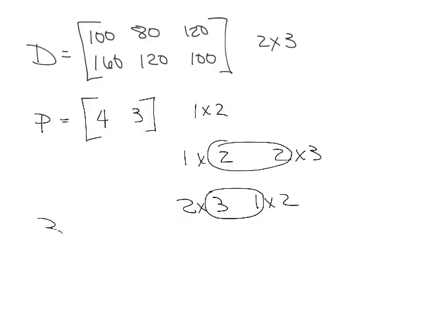It's not like 3 times 2 equals 2 times 3 in regular math. These work, they're commutative. Matrices are not. So what we have to do is make sure that we write our matrices in such a way that they're going to work. So I'm going to write it as a 1 by 2 and as a 2 by 3.